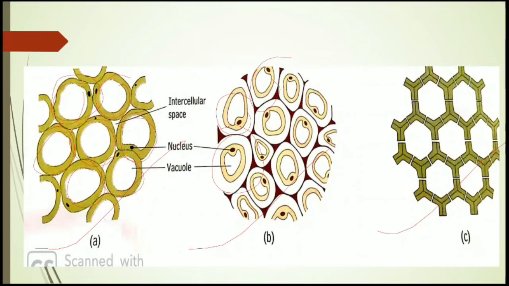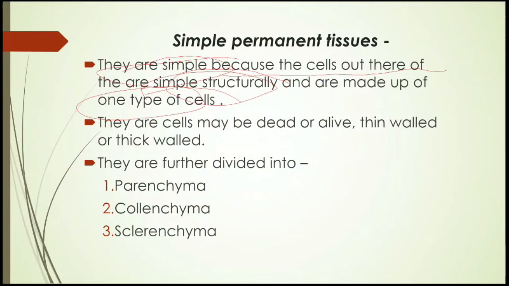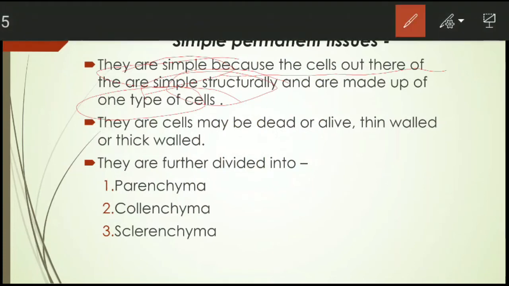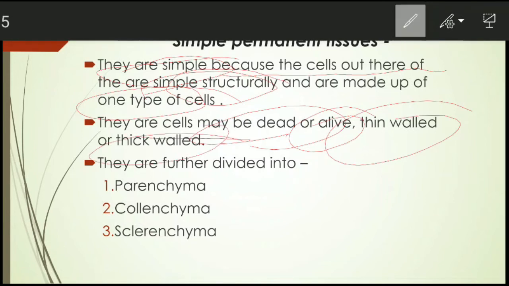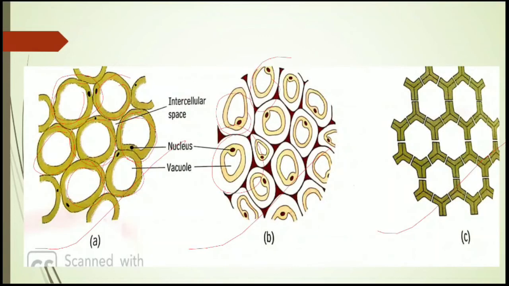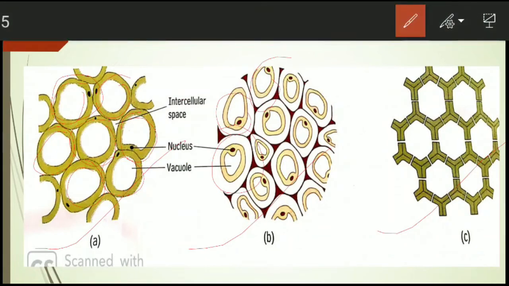The next point says that the cells may be dead or alive, thin-walled or thick-walled. So they are made up of cells which may be dead or alive, or here you can see they are thin-walled.